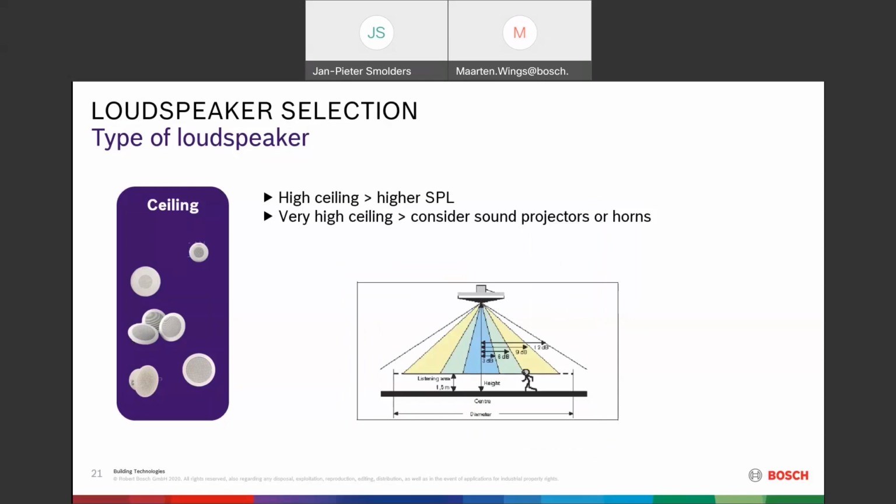We've seen it already in the introduction. Used a lot in warehouses, big exhibition halls, and things like that. So large environments with high ceilings where you want to install these. Instead of maybe 10 loudspeakers or 15, you can install just this one loudspeaker to cover the area.